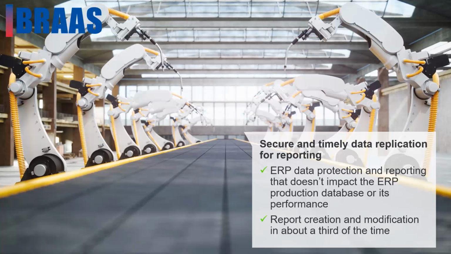Here's one company that uses Pro2: Brasco. They're a large distributor of industrial automation products in the United States, and their big challenge was to keep their ERP data safe while having the flexibility to use whatever analytics and reporting capabilities.